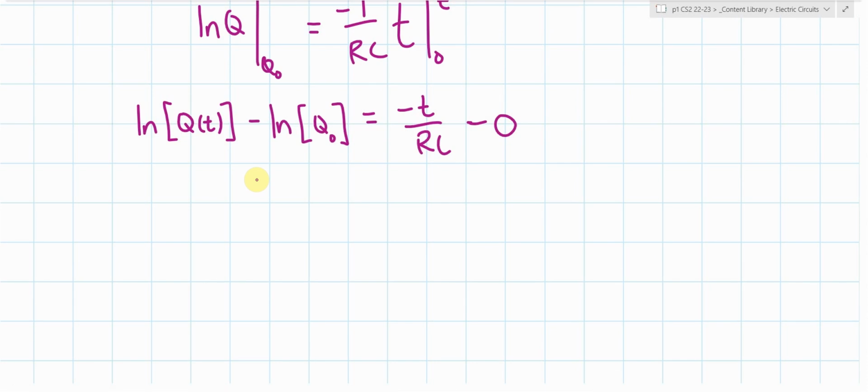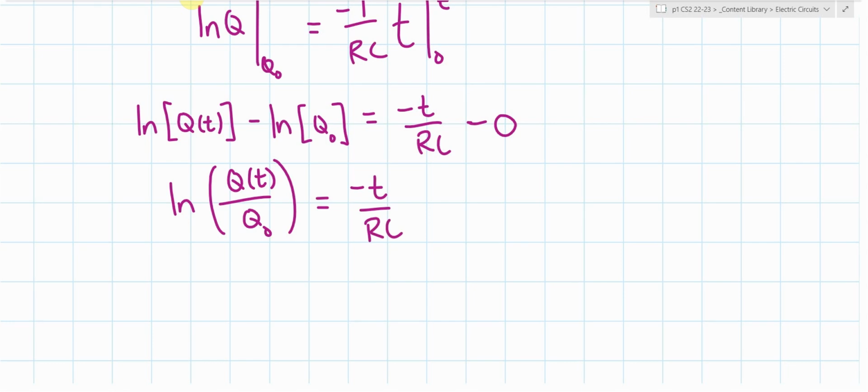You need to do that trick with the natural logs, where the difference of any log with the same base is the same as the log of the quotient of those two things. Like that. Equals -t over rc is just hanging out over here.